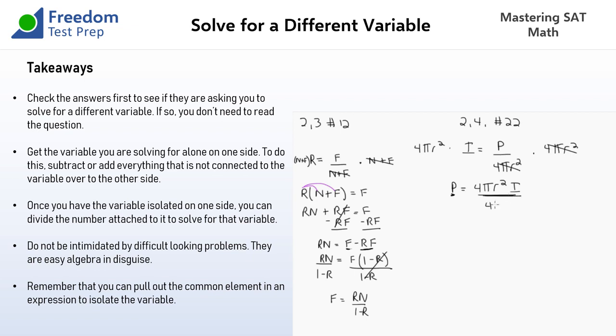We can just divide by everything that is not R squared: 4 pi I. This cancels out and that cancels out. So we end up with R squared equals P over 4 pi I. And that answer is B. And there you have it.